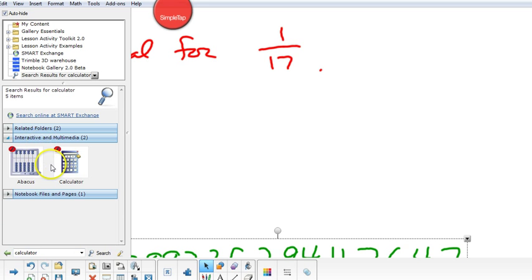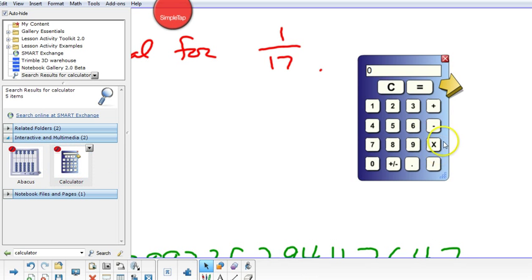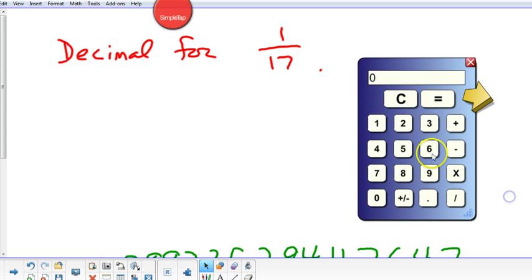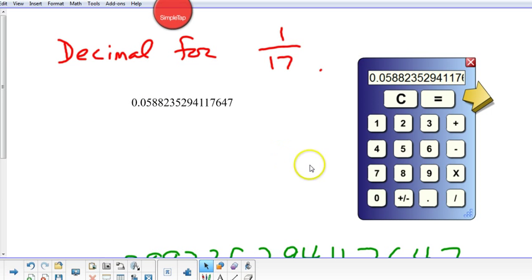Alright, 1 divided by 17. That's pretty awesome. Okay, so it gives me 0.058823529411767.